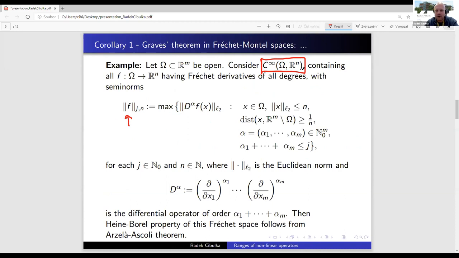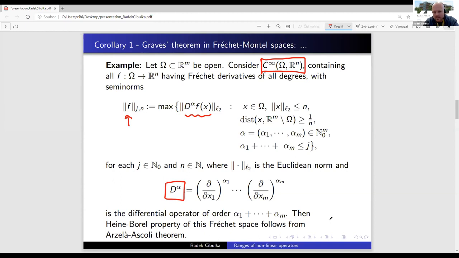Of course you have here norms of differential operators of arbitrary order, and this construction makes C infinity a Fréchet space, and more importantly, this space has also the Heine-Borel property because you have the Arzelà-Ascoli theorem.